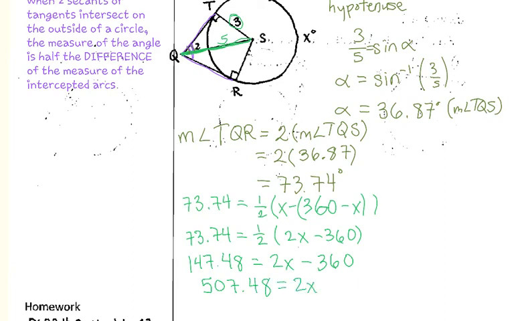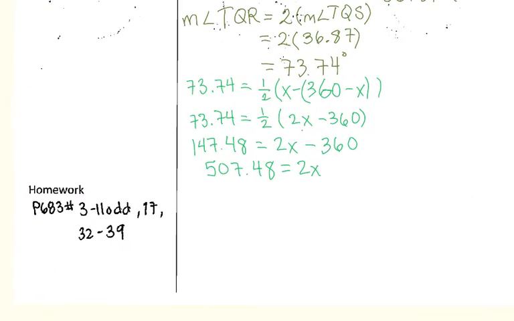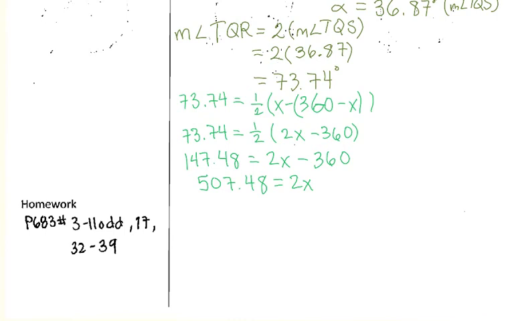Then divide by 2 on both sides to get x alone. So x is approximately 253.74 degrees. This may be slightly off, but we rounded, so there might be rounding errors.